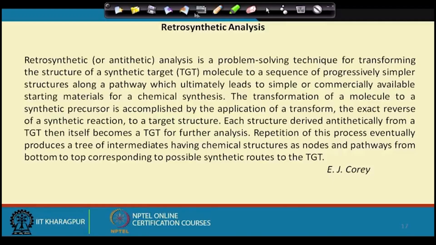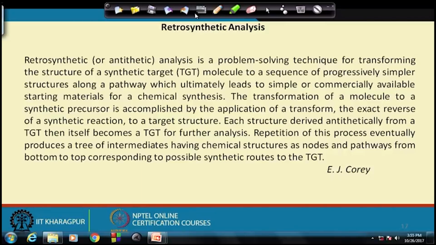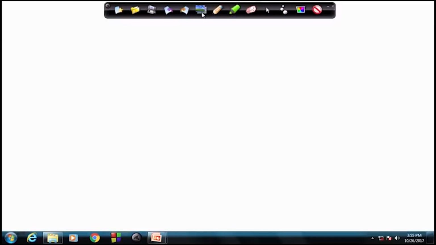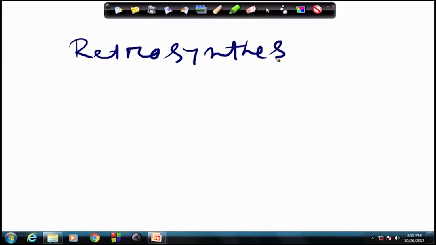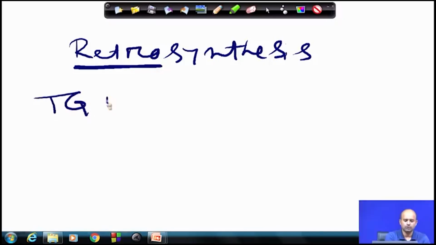What is retrosynthesis? As I said earlier, retrosynthesis is basically the way of thinking back. The term retro basically gives you a backward approach. So, you have a target molecule, and the target could be anything.